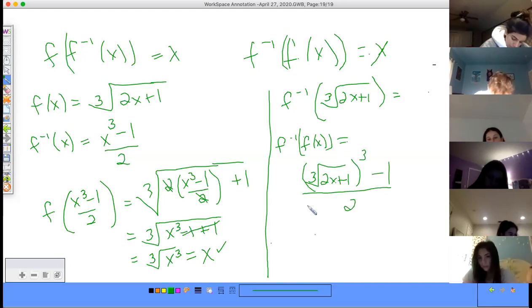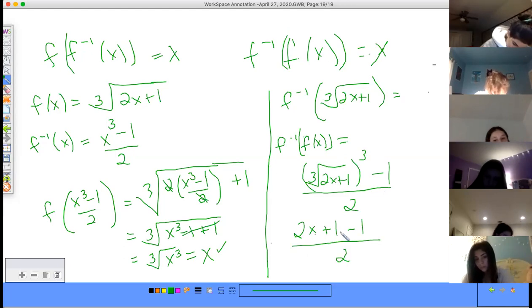And again, the cube root of something cubed undoes itself, so you wind up with 2x plus 1 minus 1 over 2. You cancel out your 1 and your negative 1, and then you get 2x over 2, which does equal x. So we legitimately just verified that those two functions are inverses of each other.